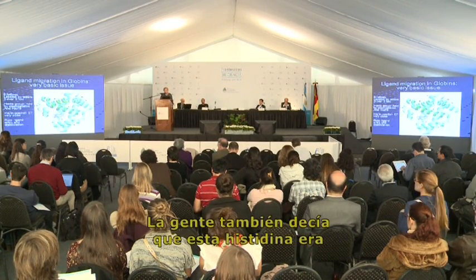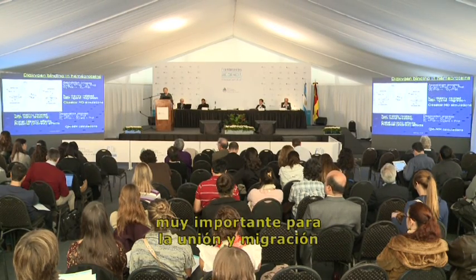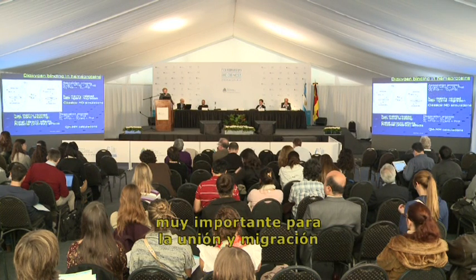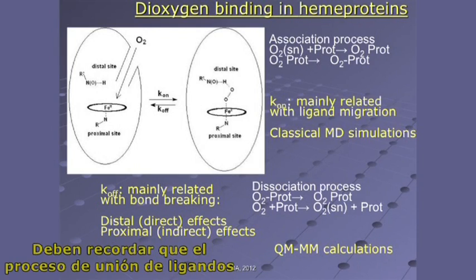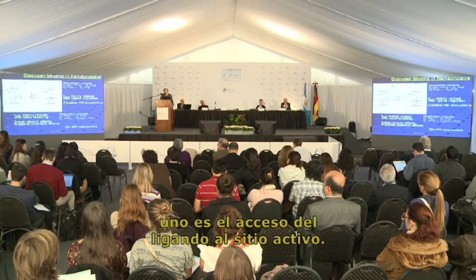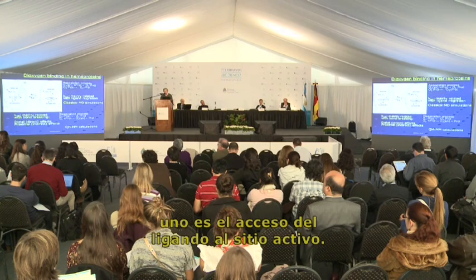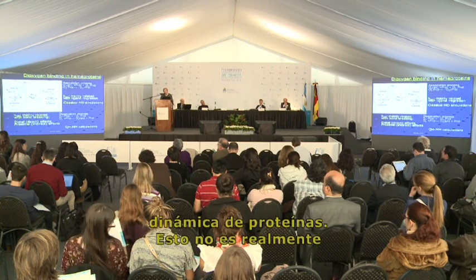People were also saying that this histidine was very important for ligand binding and migration. It was acting as a gate. You have to remember that the process of ligand binding may be thought of in two steps. One step is ligand access to the active site, and this ligand access is modulated by protein dynamics.